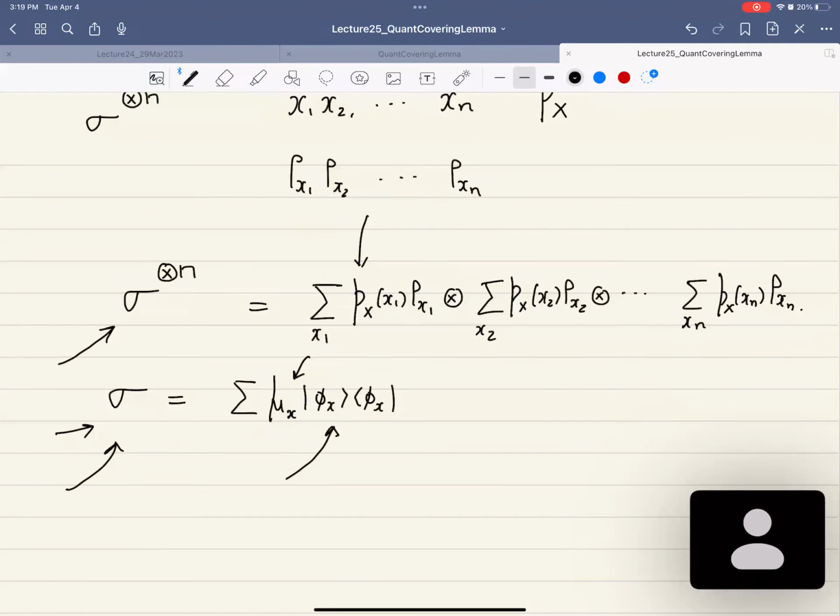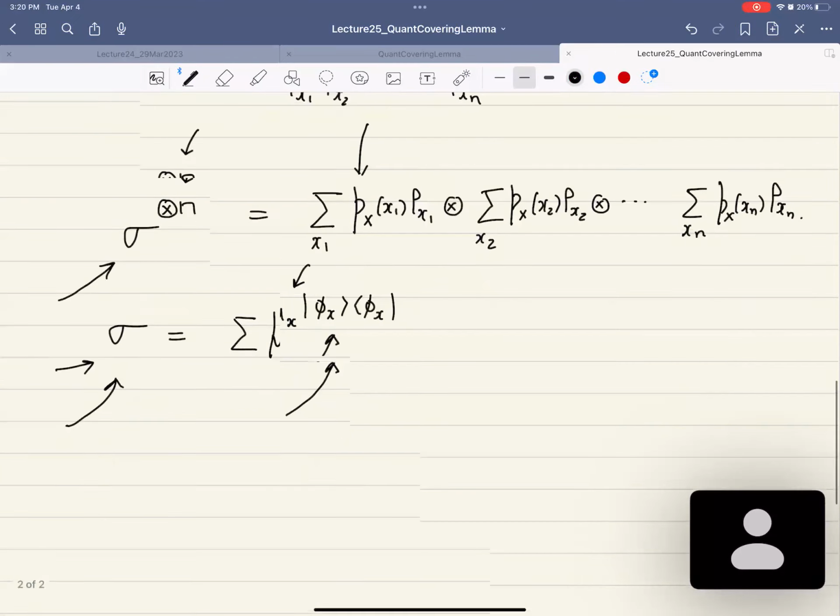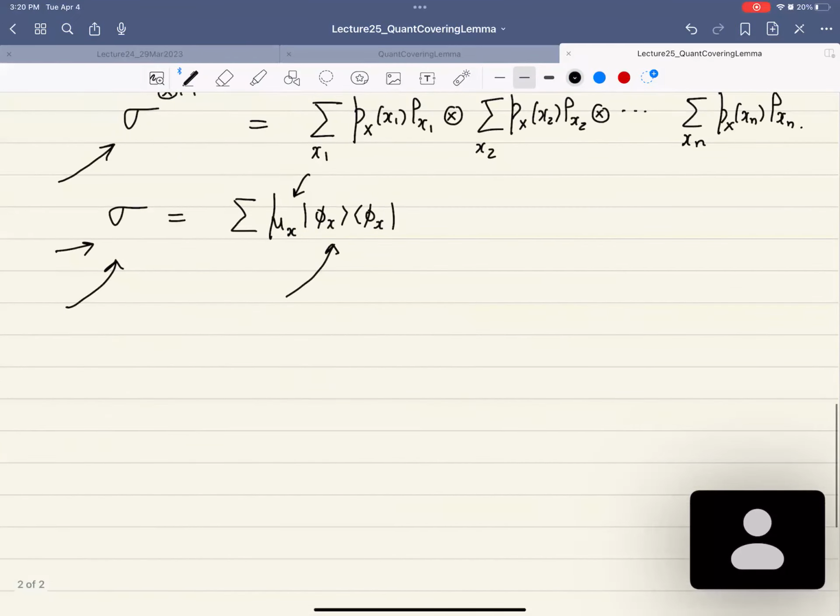Okay, great. Now, to simulate sigma tensor n, I should have a big library of quantum states. What is this big library of quantum states? This big library of quantum states is xn. So for each sequence in xn, I should be able to somehow prepare the corresponding rho xn. I'm going to define rho xn as product t equal to 1 through n rho xt.